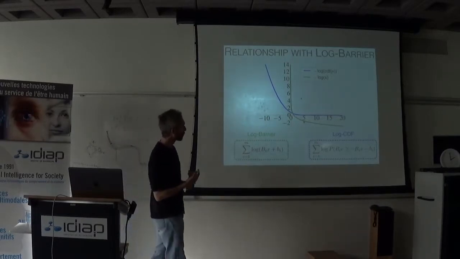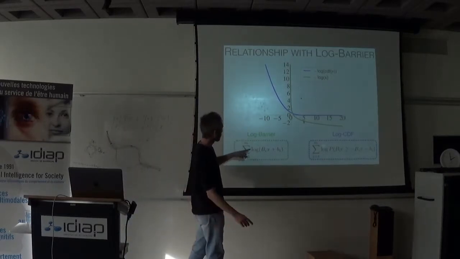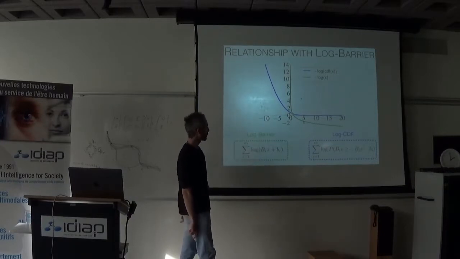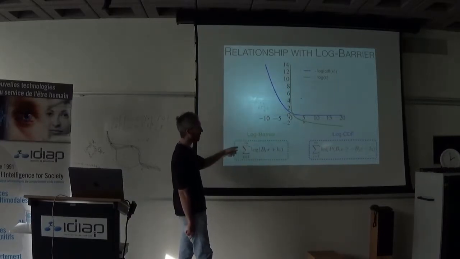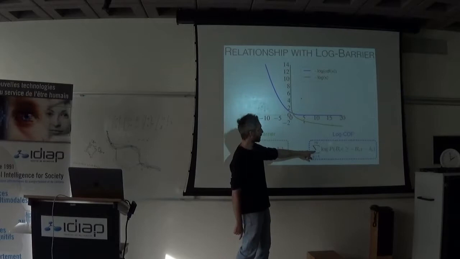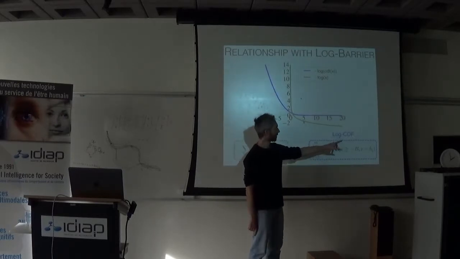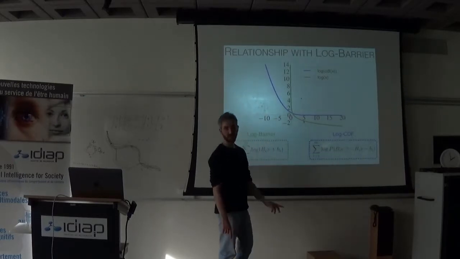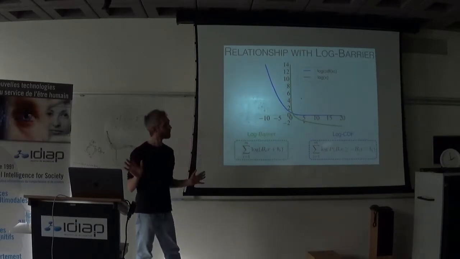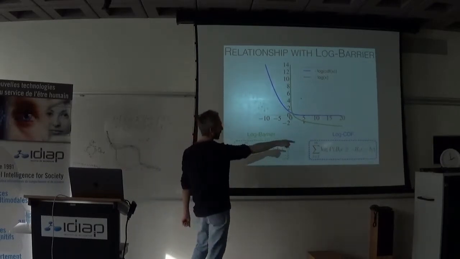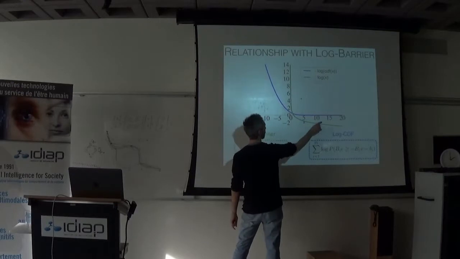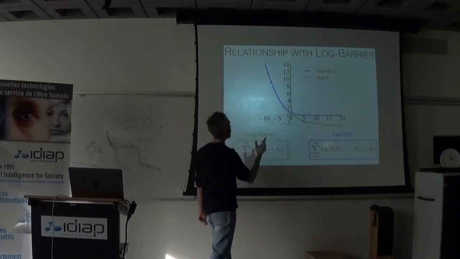And instead, what we are doing here is that we don't have simply the log of the inequality constraints, as in log barrier methods, but we have the log of the probability of the inequality constraint being satisfied. So it's a different object, and the function that we get here looks more like this.